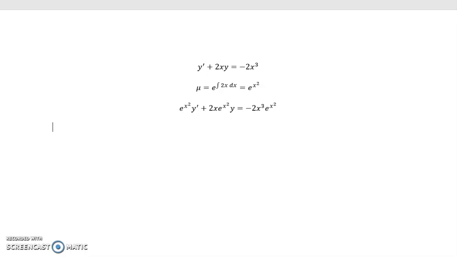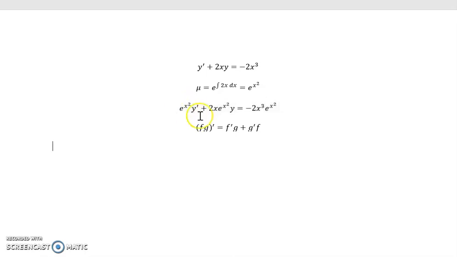Now, what's going to happen here is that the left side of the equation is going to become a product rule. So remember, our product rule is that (fg)' is equal to f'g plus g'f. In this case, the order doesn't particularly matter here, but this e to the x squared is one of our functions.